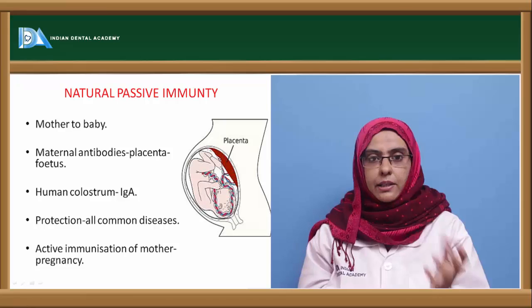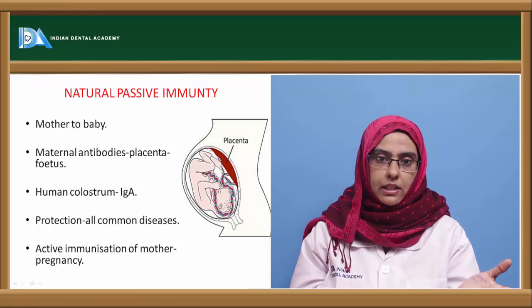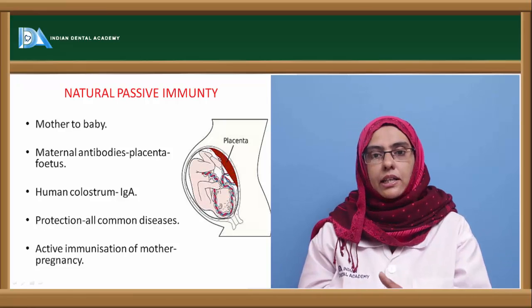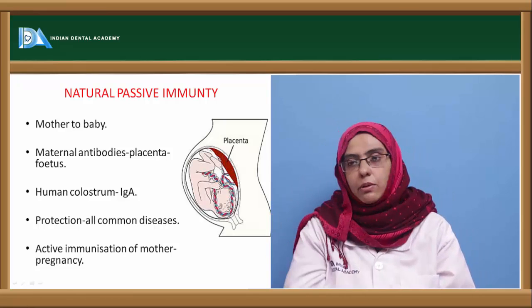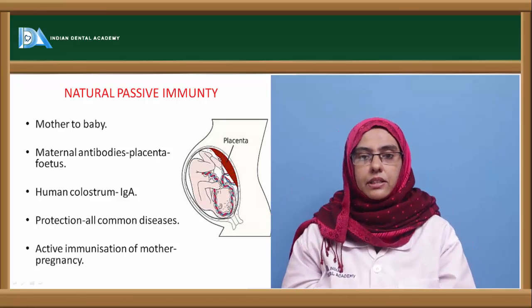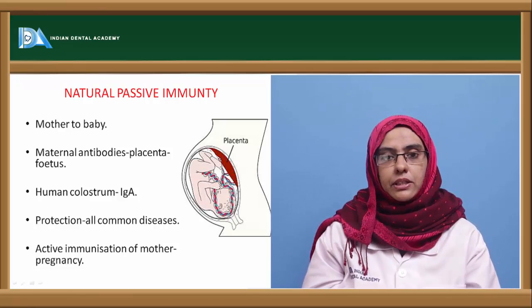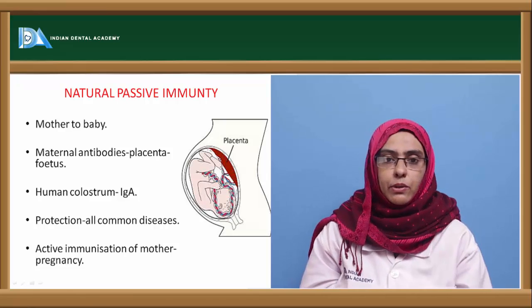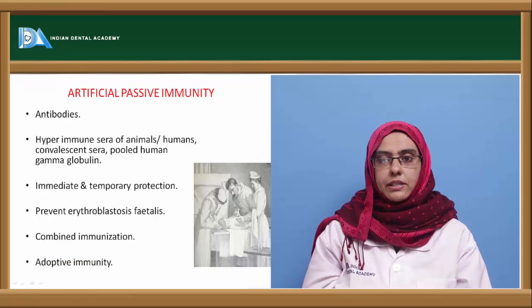And the antibodies in the colostrum, the first formed milk, when given to the child, protect against different types of infections. So it is the maternal antibodies that protect the fetus, and it is the best example of natural passive immunity. It protects from all common diseases till the baby develops his own immune system.